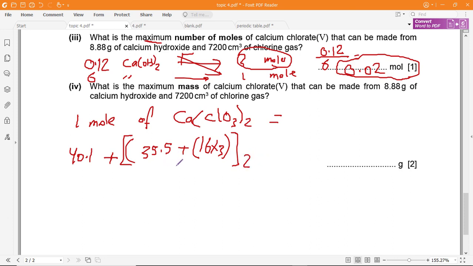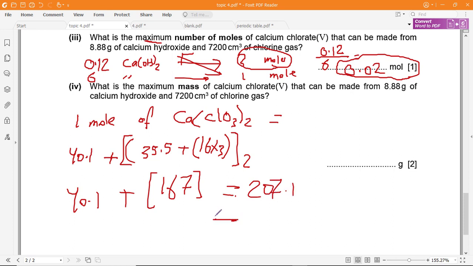Okay, so I do the first one quickly. So this is plus 35.5, equals, times 2. So this is 167, this is everything here, 167 plus 40.1, so it's 207.1.